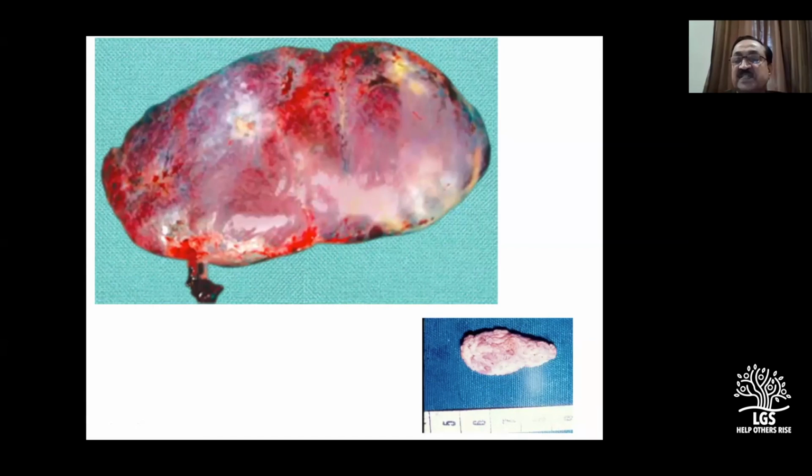As I was trying to feel something, it came into my hand, and that was the spleen. This was the typical infarcted spleen, a typical auto-infarction. Such spleens are also called nugget spleens, right?